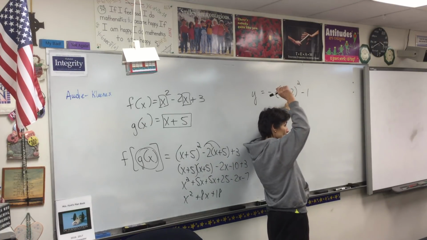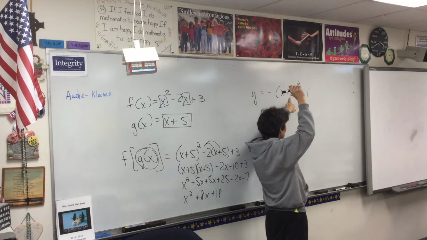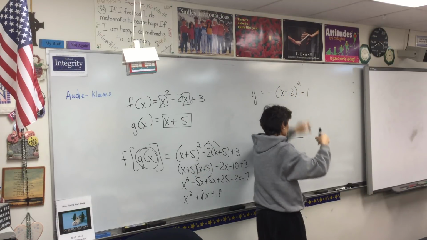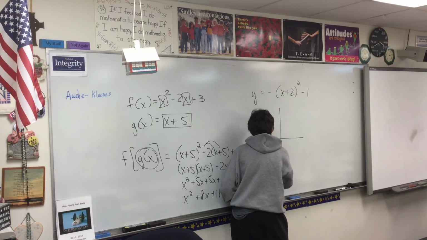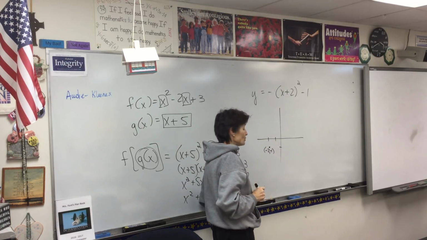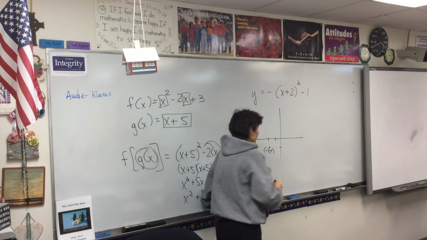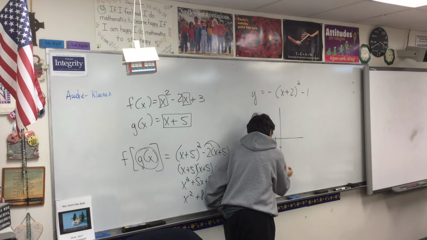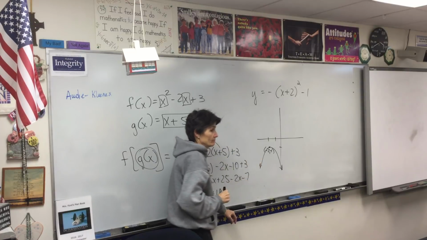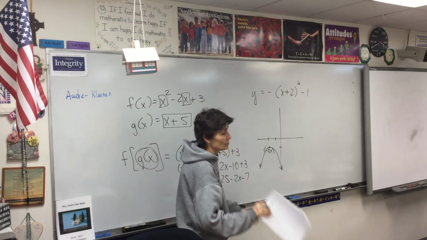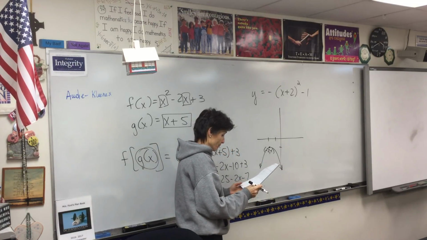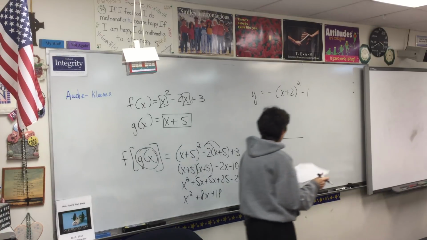It shifted 2 units left and 1 unit down. So 2 units left and 1 unit down means its vertex is at -2, -1. And you said it opened down. Done. That's all you have to do. That's it.